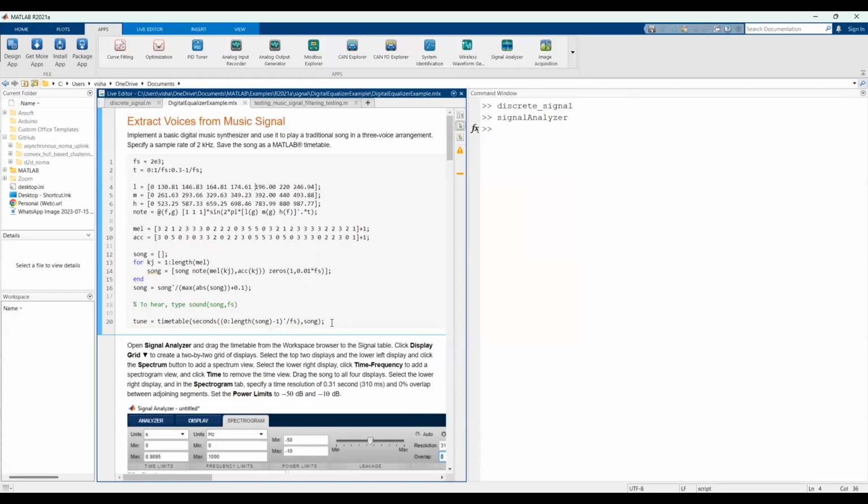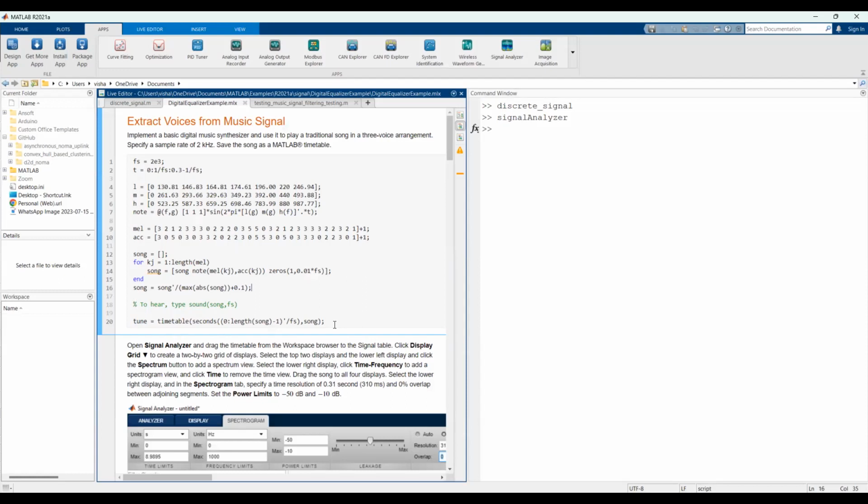In this section, they have provided us a song, and they have provided the data of that song. They have given that data a certain variable, denoted using tune.